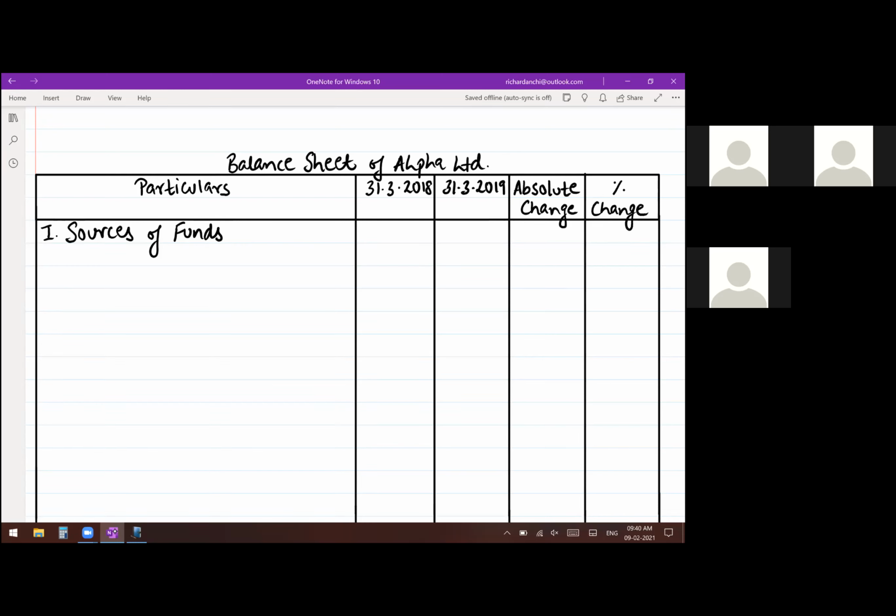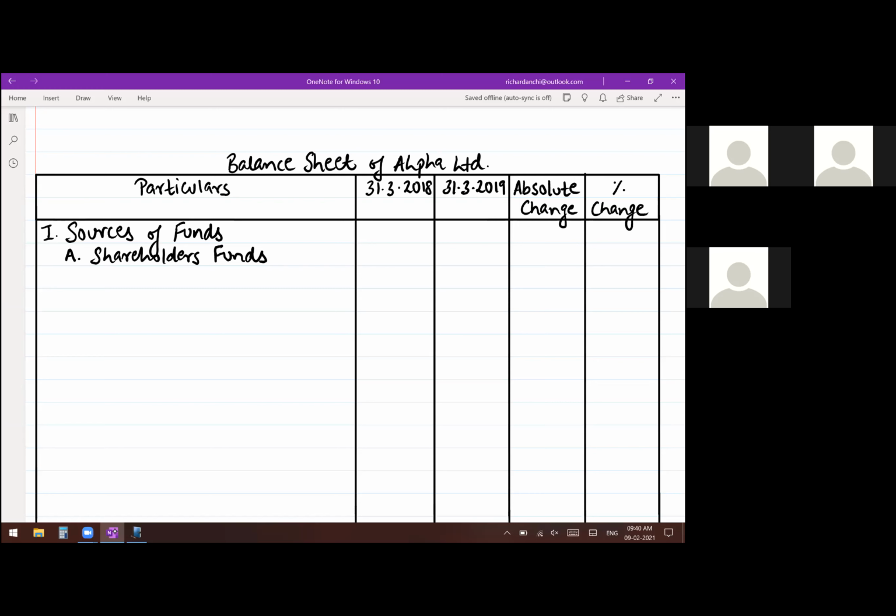If you have a look at this balance sheet, it is of a company, remember. So instead of writing owners funds, what you have to write is shareholders funds. So write down point number A, shareholders funds. Under shareholders funds, firstly you will be writing the capital.